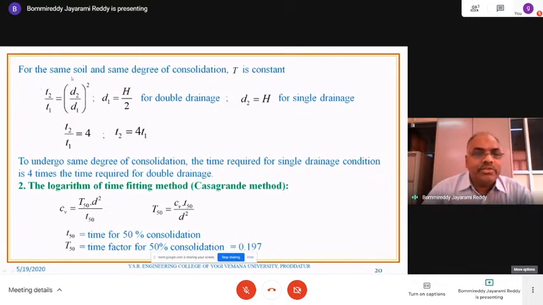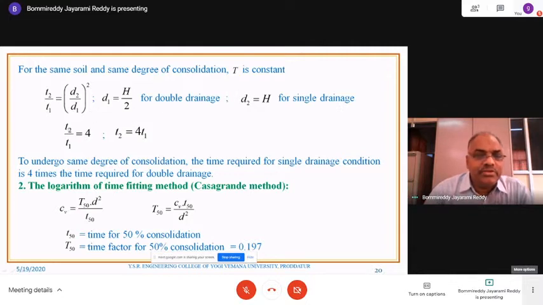And again, for the same soil and same degree of consolidation. Same soil means the coefficient of consolidation is the same, and same degree of consolidation means T is also constant. In that case, the relation is reduced to this, and d equals H by 2 if it is double drainage, and d equals H if it is single drainage.